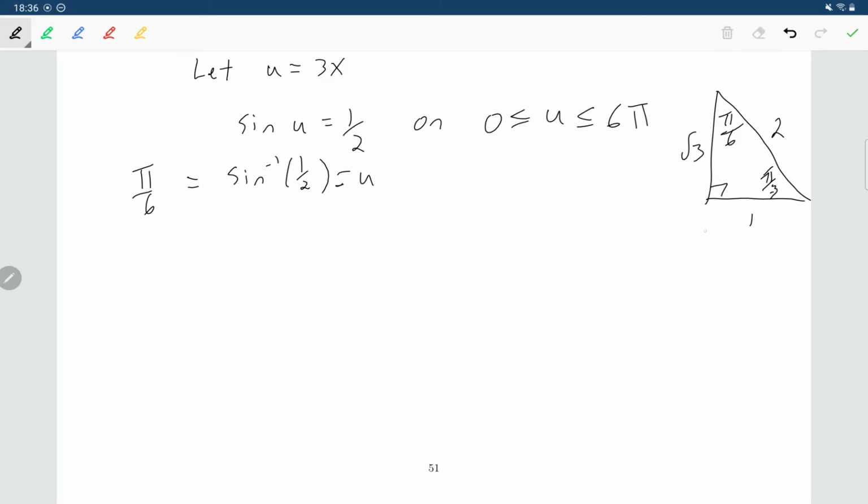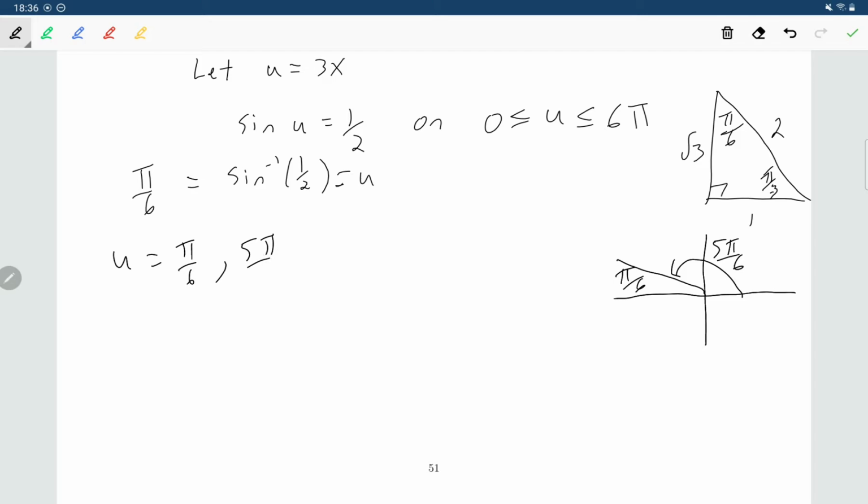So that means that another angle, in addition to pi over 6, would be an angle in quadrant 2 that has that same reference angle of pi over 6. That would be the angle 5 pi over 6. So we have 2 solutions so far. U is pi over 6 or 5 pi over 6. And those are the values within 1 full revolution.